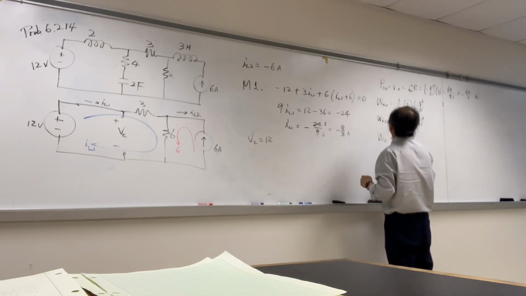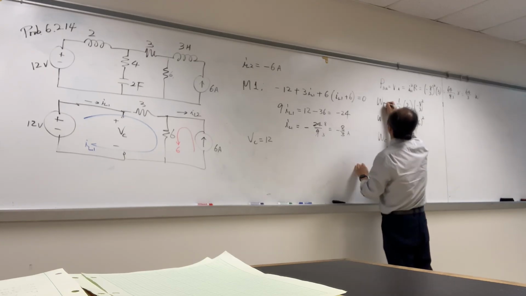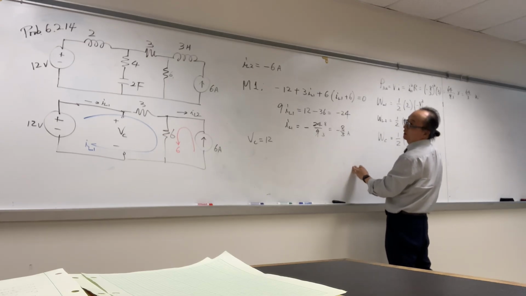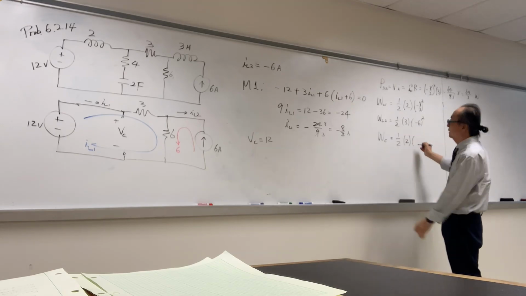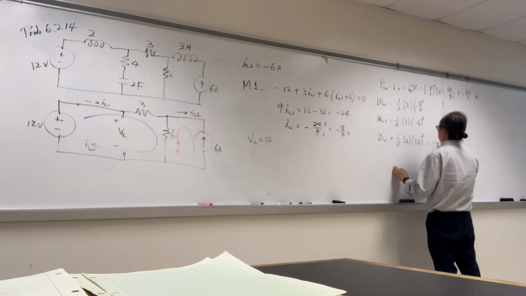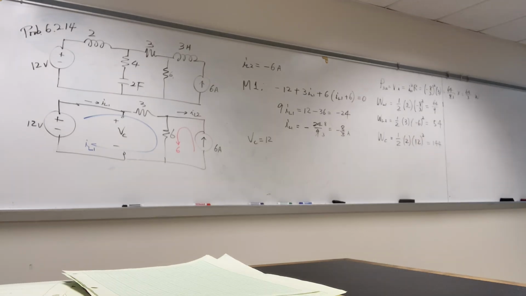WC, I'm sorry, I should just write it: WL1, WL2, WC, 1 over 2 times 2, VC 12 squared. So that's 144. Oh yeah, thank you.